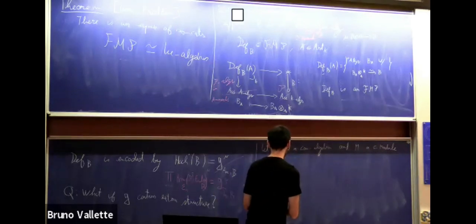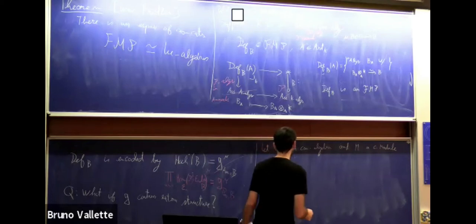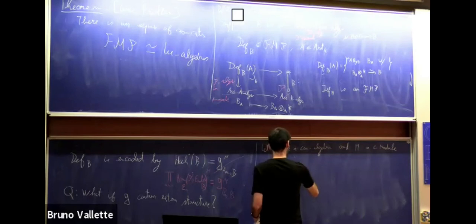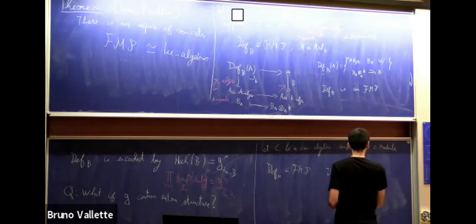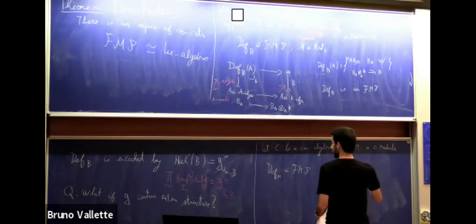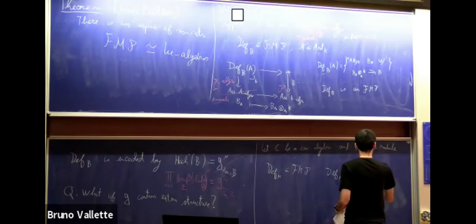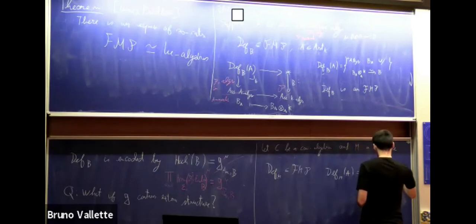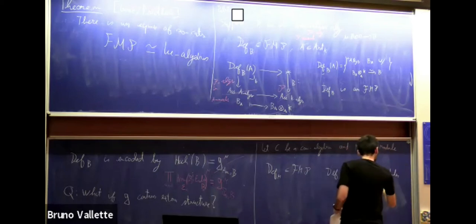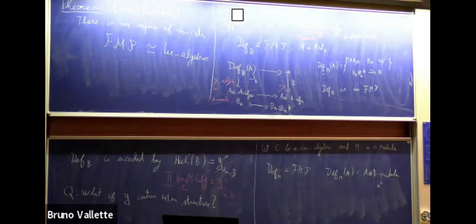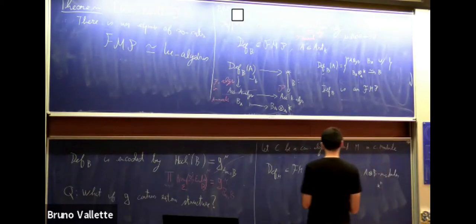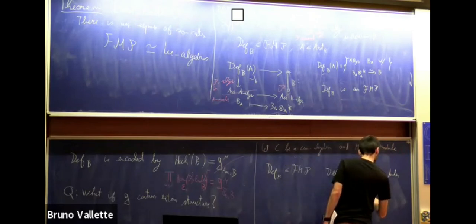So we can more or less repeat something of the same sort and define deformations of M, which will be an FMP, such that the deformations of M when evaluated at A is something like A tensor C modules, a fiber product, always homotopy fiber products, I guess, here I should have also put a homotopy, fiber product with this point representing M.